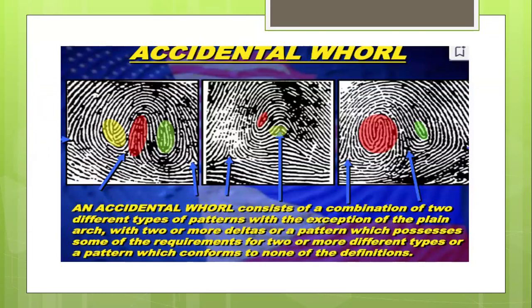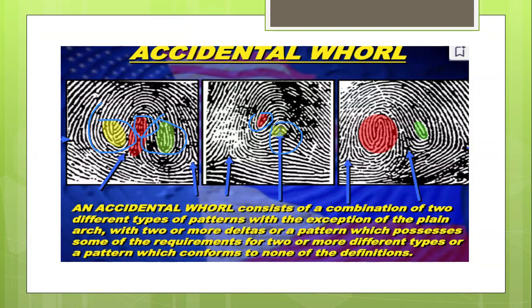Here, a combination of patterns. Two or more patterns. Okay? If we look at this, this is a loop. This is a loop. And another one. So a combination of two or more patterns. This is a loop and this is a tinted arch.